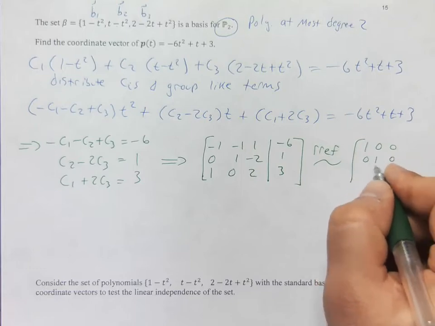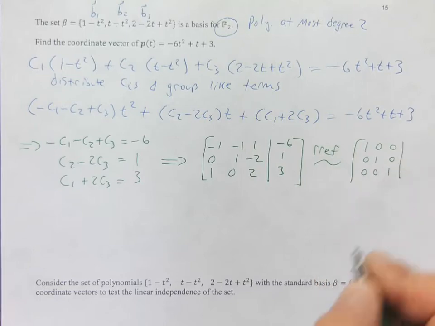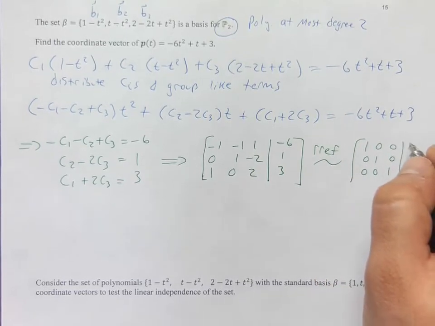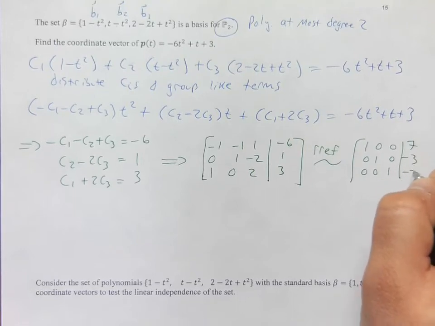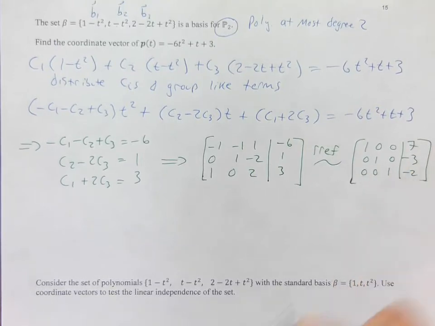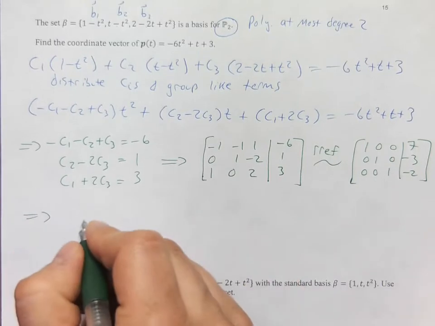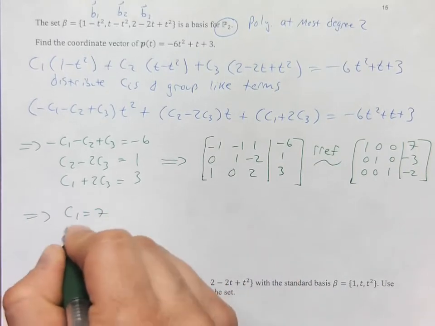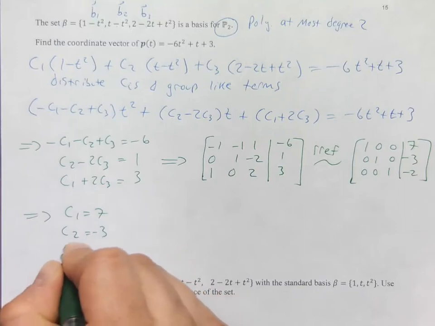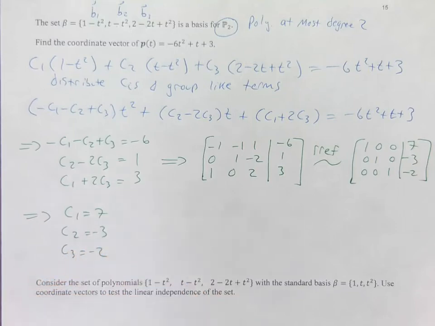The left-hand side turns into the identity matrix. That means we get a unique solution. And then these are our coefficients. So this solution is telling us C1 is 7, C2 is -3, C3 is -2.